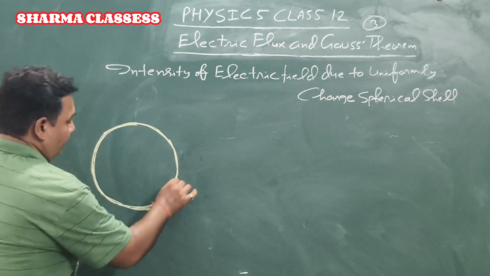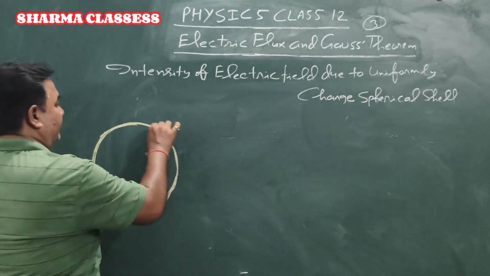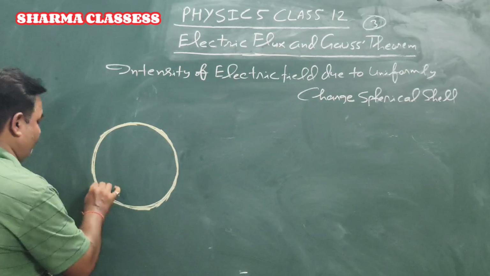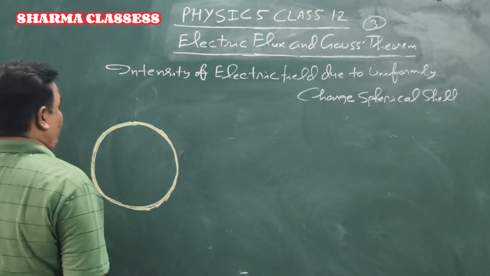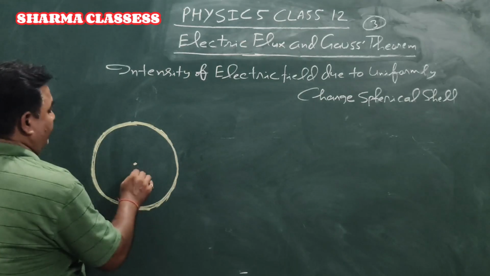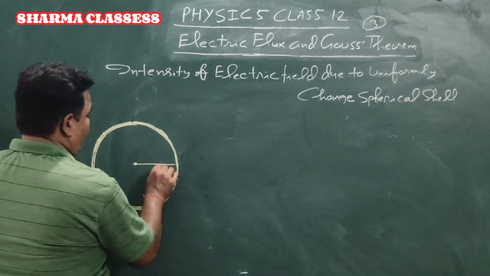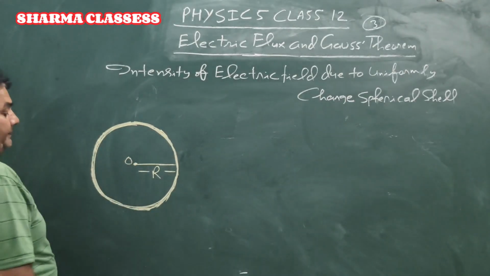See that it has some width. Its center is O. Suppose this is a spherical shell having radius capital R, and its center is O. It is given plus Q charge.